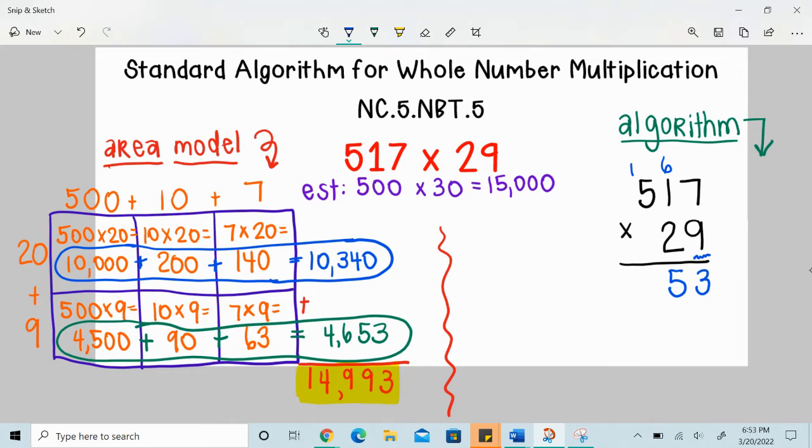Now I will do 9 times 5, which is 45, plus the 1, and that is 46. And I can write all of 46 down below here, since I don't have any other numbers to multiply 9 by. I've multiplied 9 by the 7, the 1, and the 5.